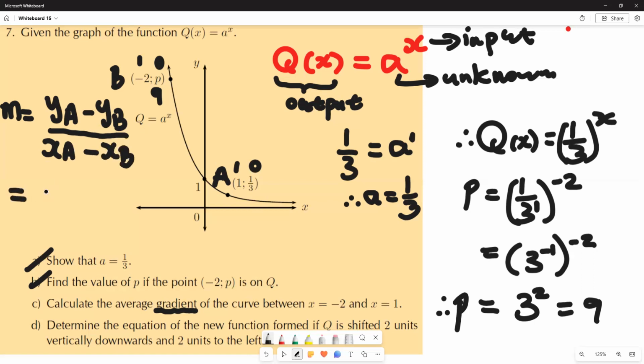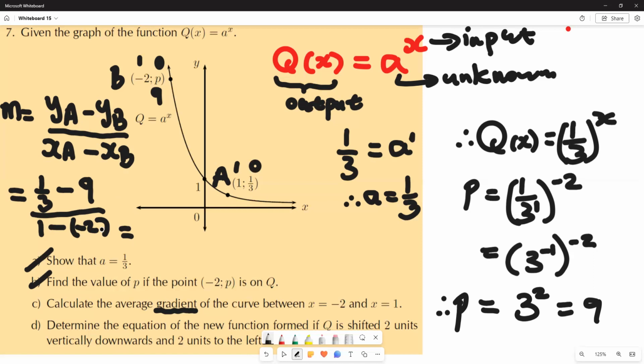We can see that y on A is 1/3, minus y on B, which is 9, all over x on A, which is 1, minus x on B, which is -2. Let's see what this gives us.